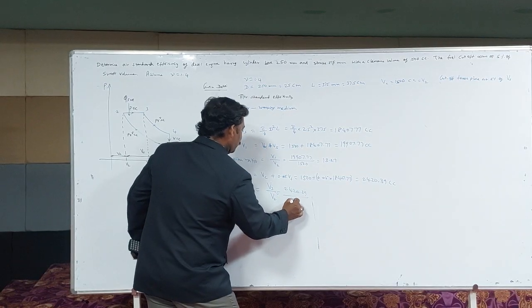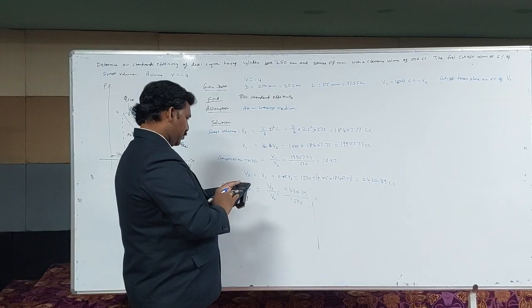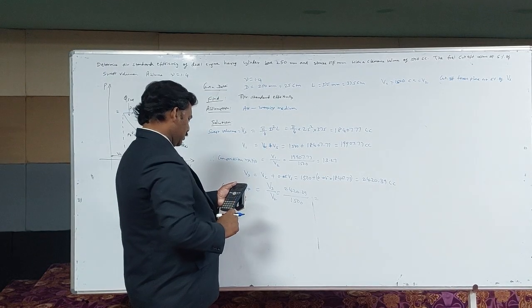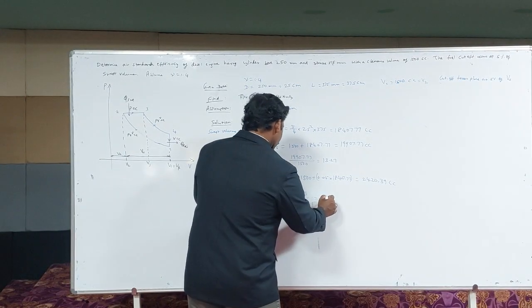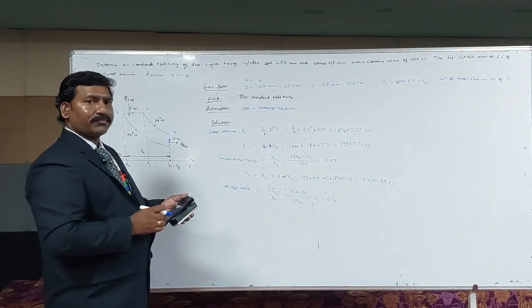So 2420.39 divided by 1500 is 1.614. This is the cutoff ratio.